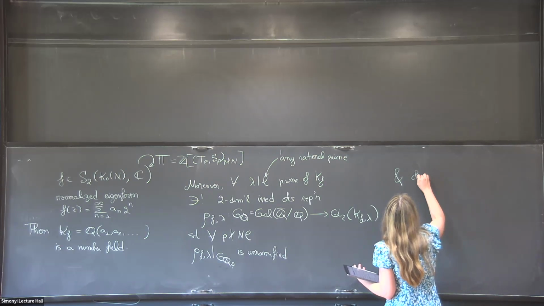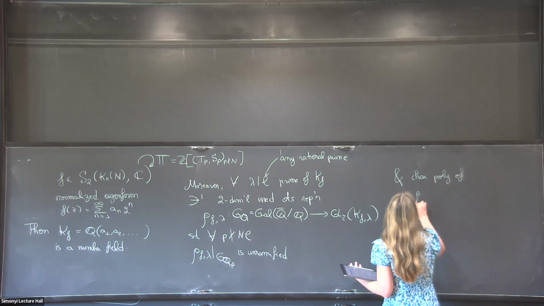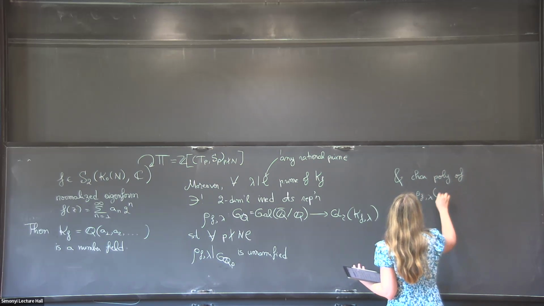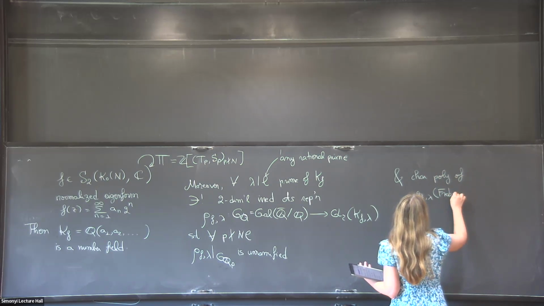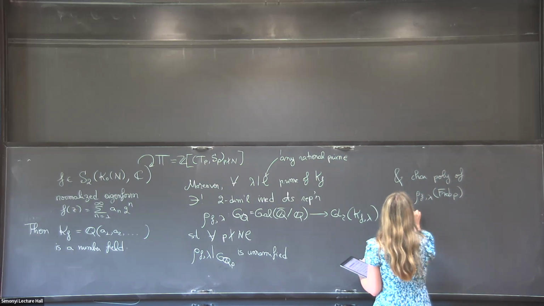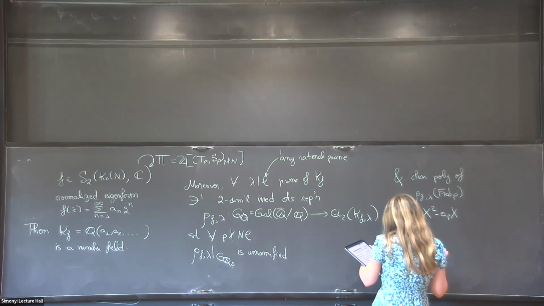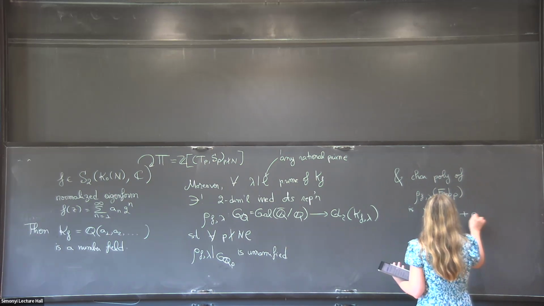And the characteristic polynomial of the matrix rho_{f,lambda}(Frob_p) is x^2 minus a_p x plus p.